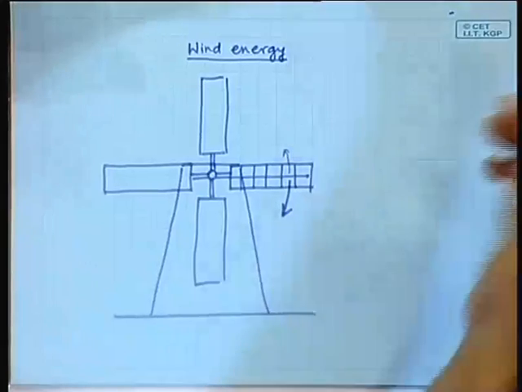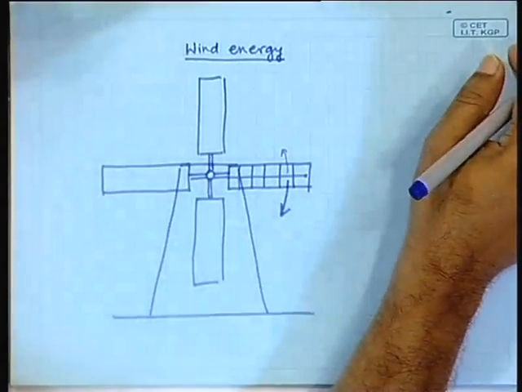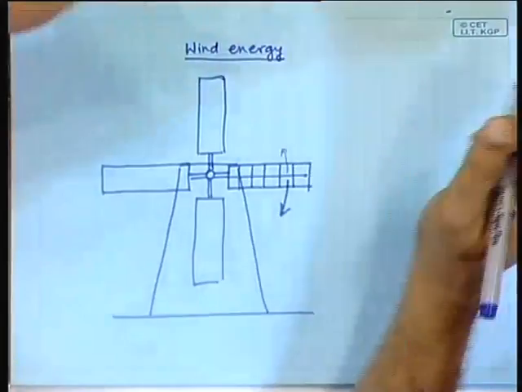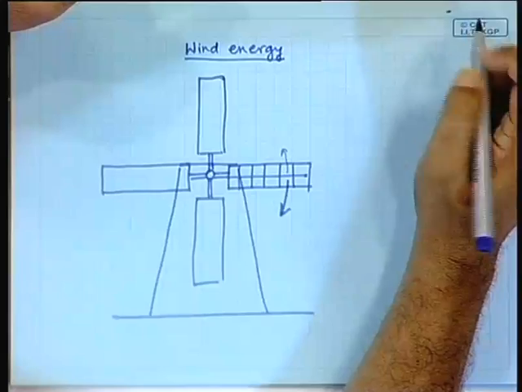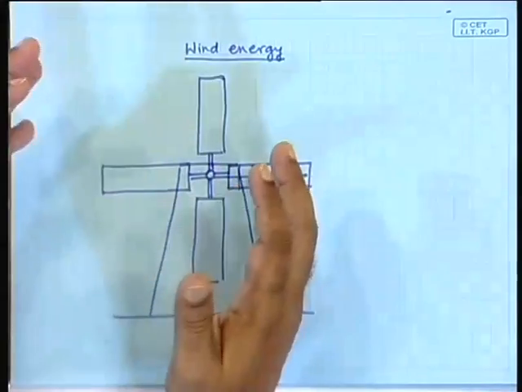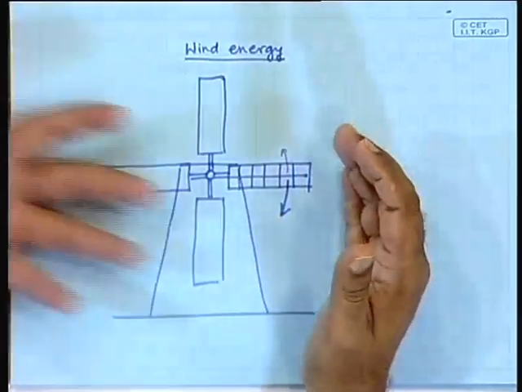These used to be used for water pumping as well as mainly for grain grinding. So, grain grinding was the major employment of this kind of wind turbines, and obviously you can easily see that these would have to be oriented to the direction of the wind. The wind has to come from this direction, it will not work if it comes from the other direction.